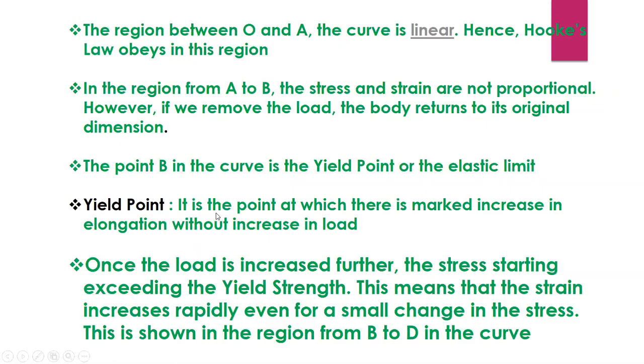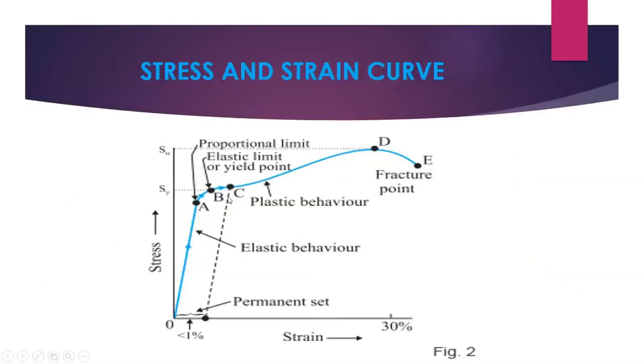So what is the yield point or elastic limit? It is the point at which there is a marked increase in elongation without increasing the load. You can see that from B the stress is very low. We are applying a very low stress value, but the strain is increasing rapidly.